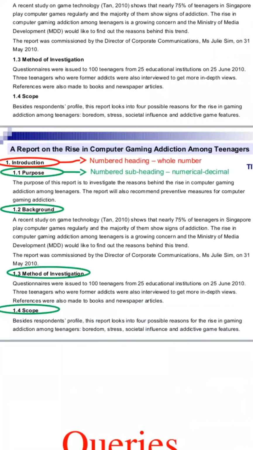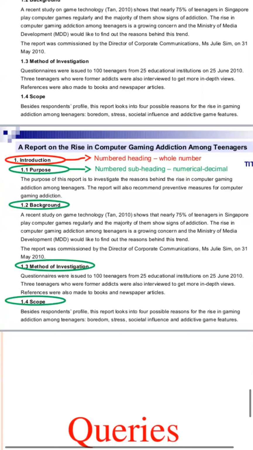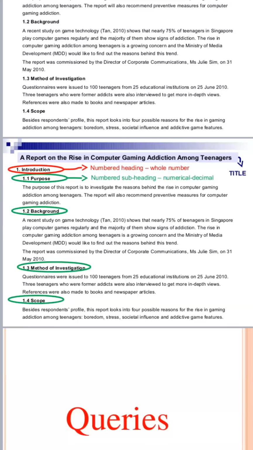Here I have pointed out how you have to give numbering to your report. This is the title, then you number each heading and subheading. The heading was introduction, its subheadings were purpose, background, method, and scope.